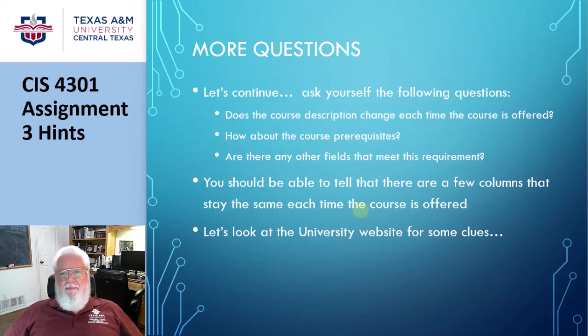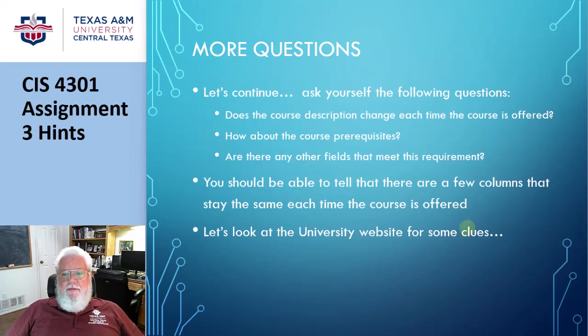No. So some things do not change every single time that the course is offered. Once again, you should be able to tell that there are an awful lot of the columns that do not change. This is important. Make a distinction between those columns that might change every single time the course is offered, and those things that do not change every single time the course is offered.